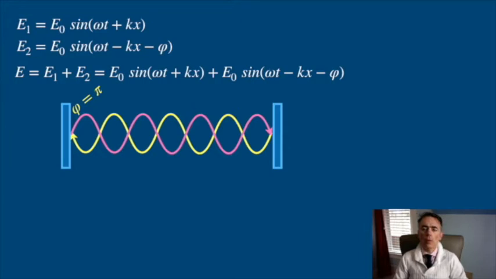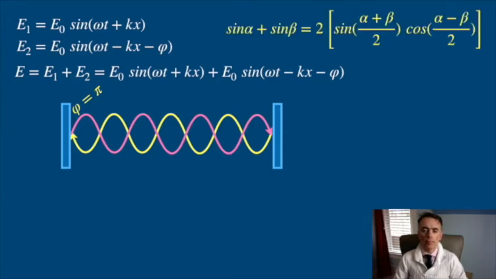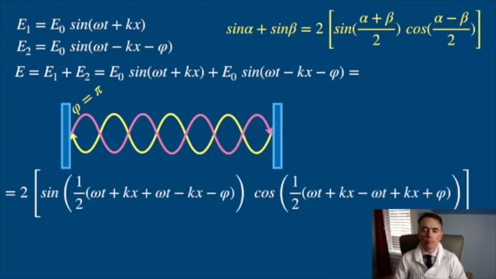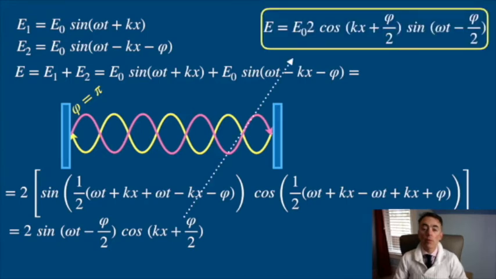If we make use of the trigonometric identity, then we can rewrite the net electric field as 2 E naught cosine of kx plus phi halves times sine of omega t minus phi halves.